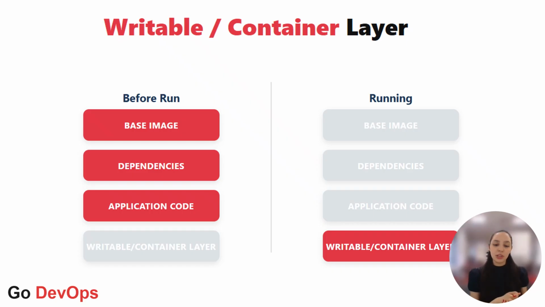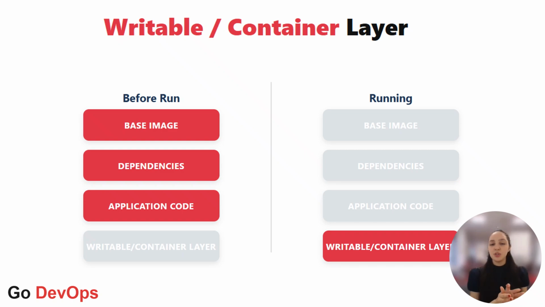It's the writable layer, and we can also call it the container layer. You can think of it as a temporary workspace that sits right on top of those read-only layers, and it's the only place in the entire container where changes can happen at runtime.